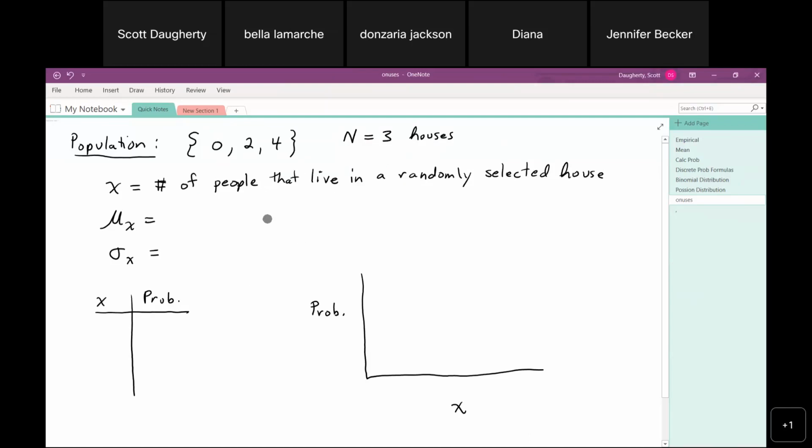We randomly pick one of them, and X is going to be the number of people that live in the house that we randomly selected. If we select the first house, then X would be 0. If we select the second one, then it's going to be 2. If we select the third one, then X would be 4. So there's only 3 possibilities for X: 0, 2, or 4.